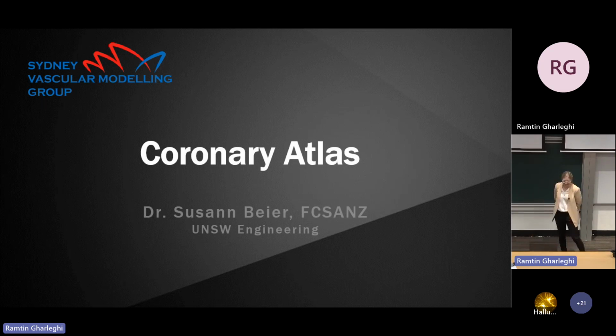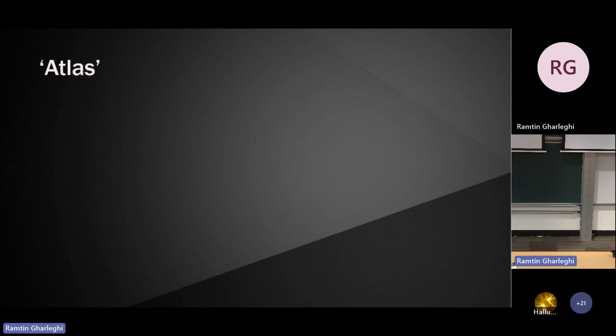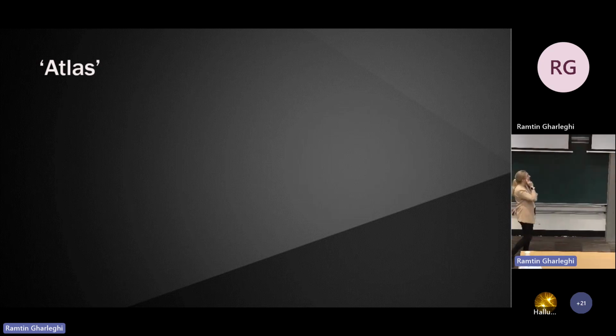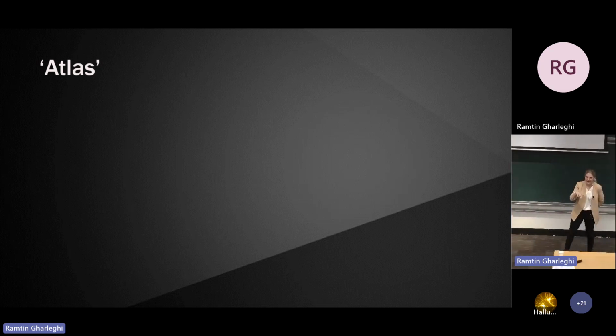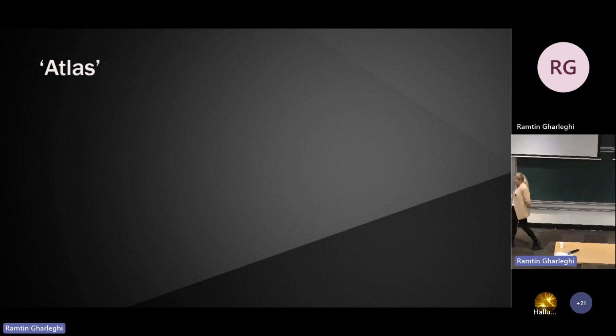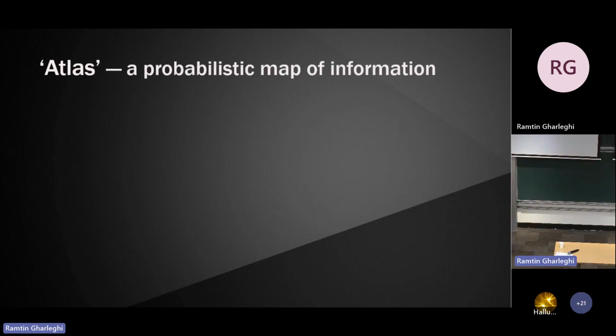So I guess the title of my talk is the Coronary Atlas. Some of you mentioned you don't have a machine learning background, so I just wanted to reiterate, we heard it a few times already today, what the concept of an atlas is in this context. It's a probabilistic map of information, traditionally applied to anatomy.